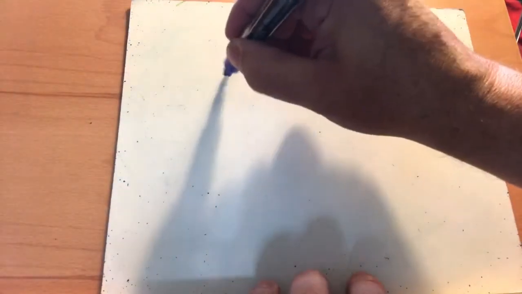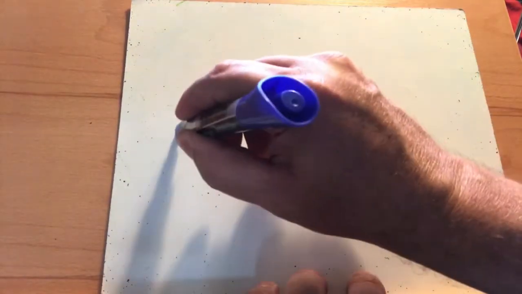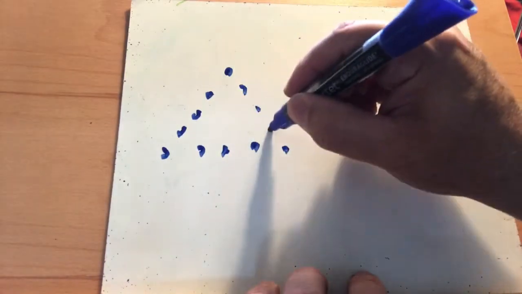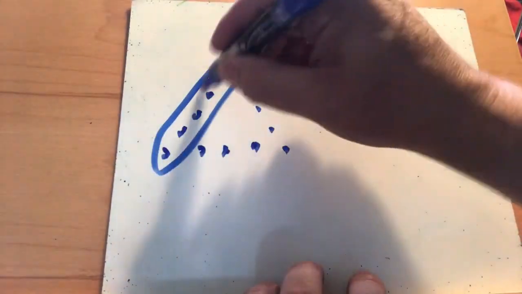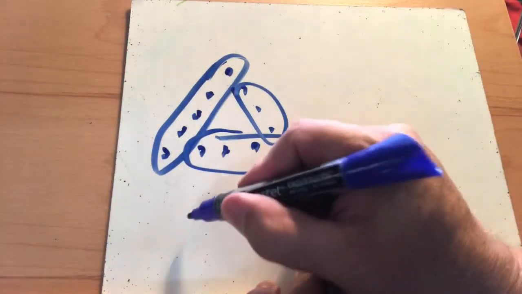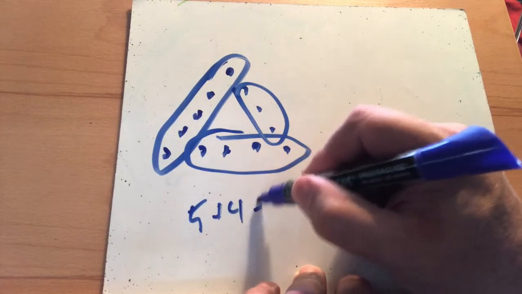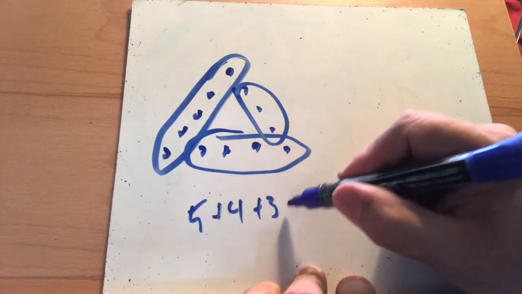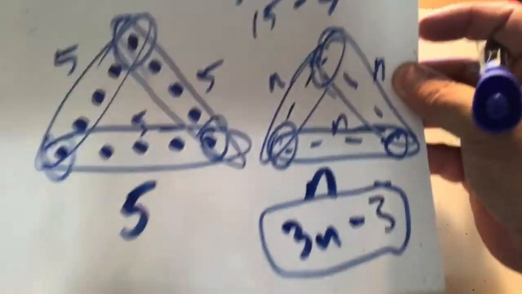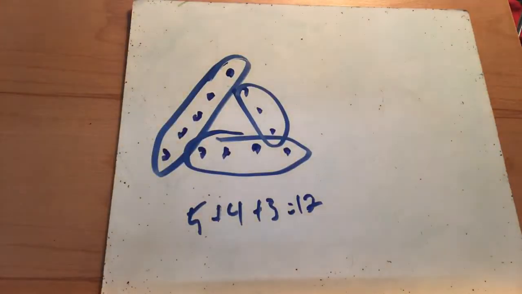Now the triangle's fun because there's a bunch of ways you can break it up. You can go 5, 4, 3. And 5 plus 4 plus 3, by the way, 9 plus 3 is 12. It's like 15 minus 3 is 12.